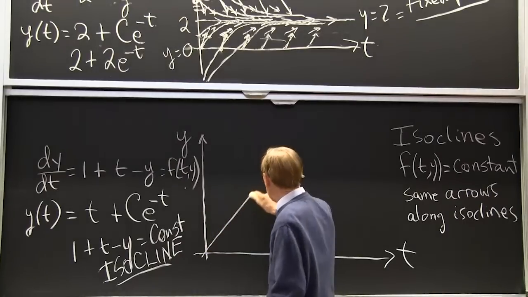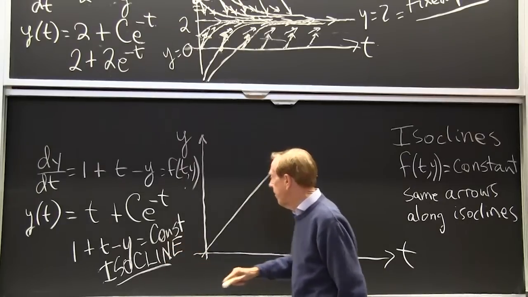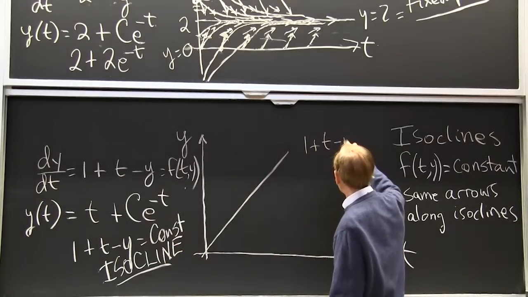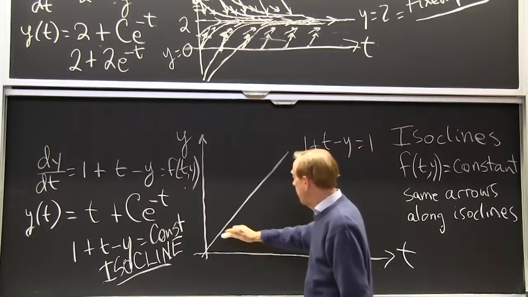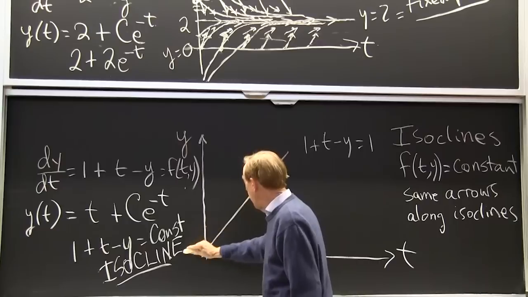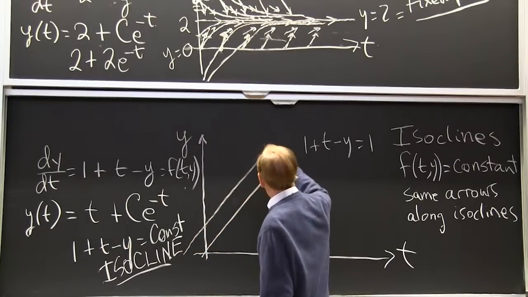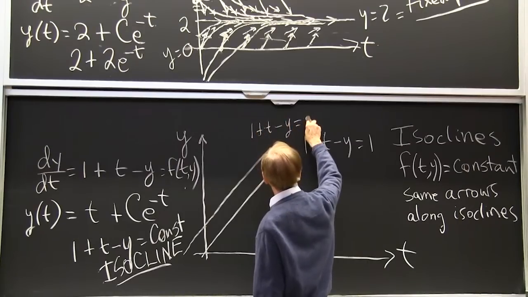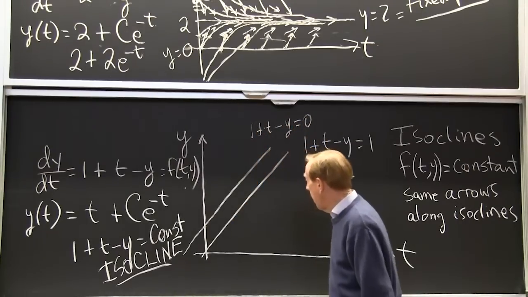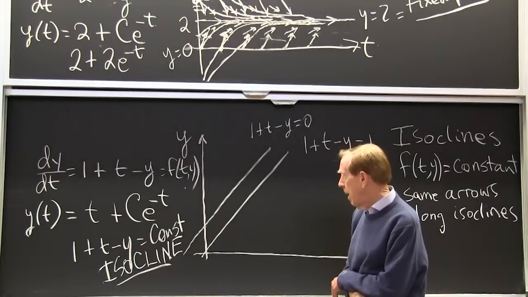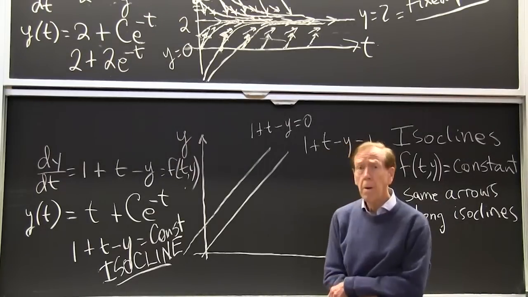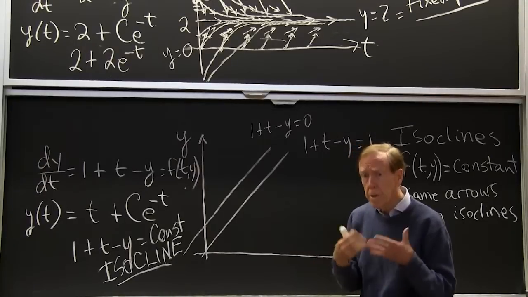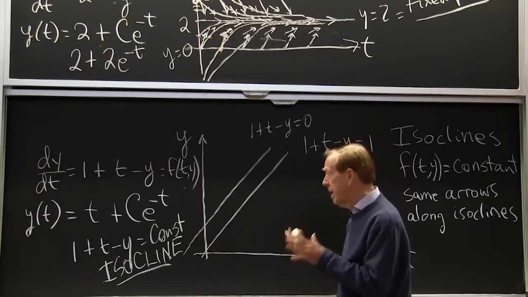It's a 45-degree line: 1 plus t minus y equals 1. Let me also draw the 45-degree line 1 plus t minus y equals 0. So it's a little bit higher. Now the arrows, and then put in the solution curves that match the arrows.